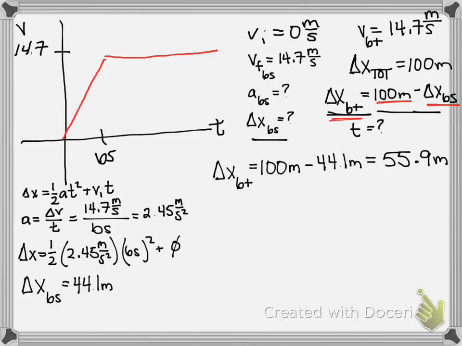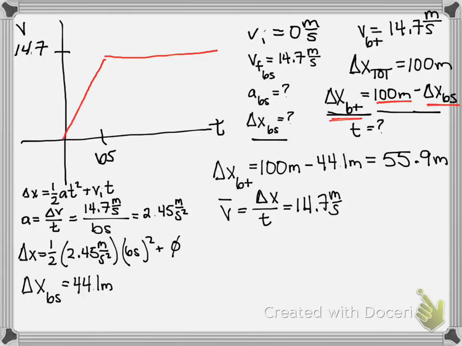Ultimately, my question is, how long does it take her to do all of this? So now I need to find a way to solve for time. Well, in the second leg, I know that her average velocity is equal to her displacement over time, and that her average velocity was 14.7 meters per second, because now she's traveling at a constant speed.